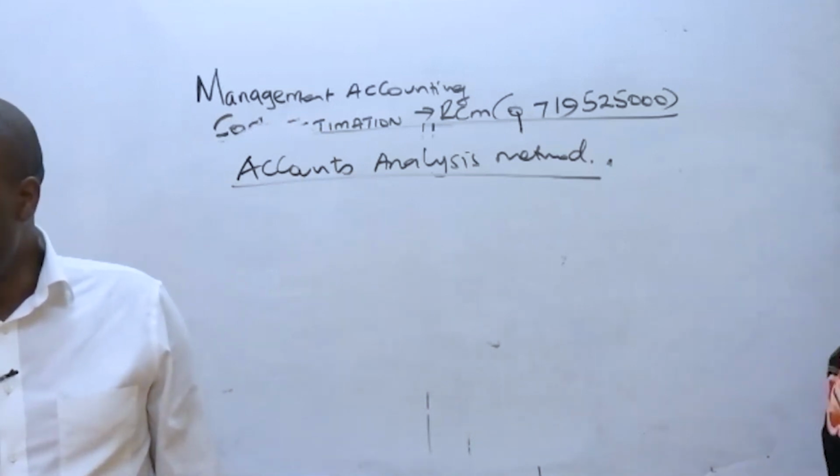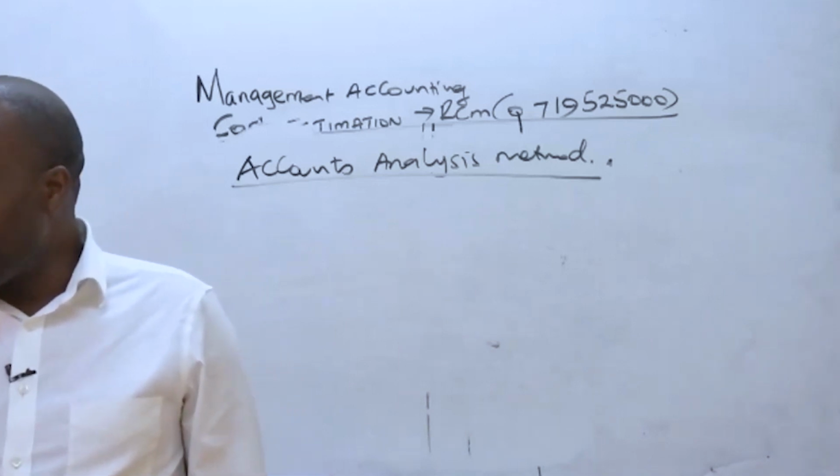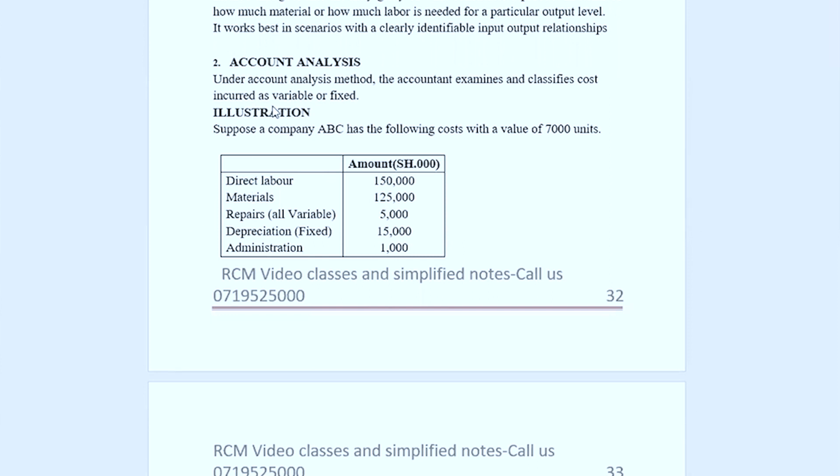Okay, ladies and gentlemen, here we are. For us to be able to understand this, it will be very important for me to give you an example. Under the account analysis method, the accountant examines and classifies cost incurred as variable or fixed.